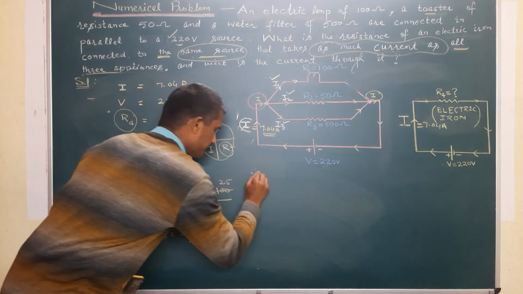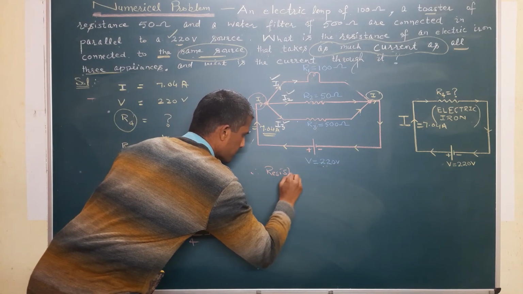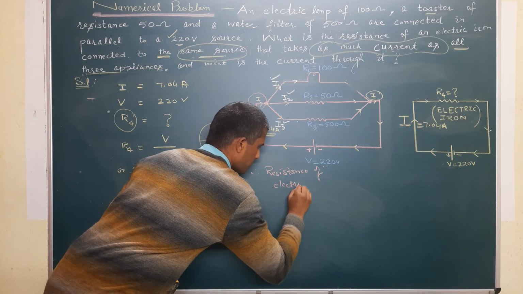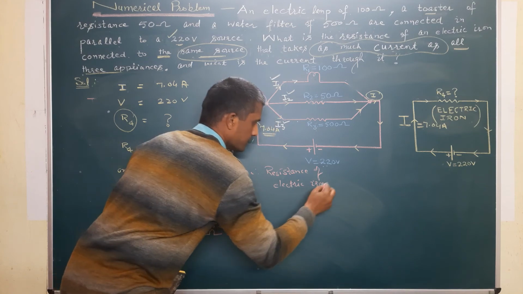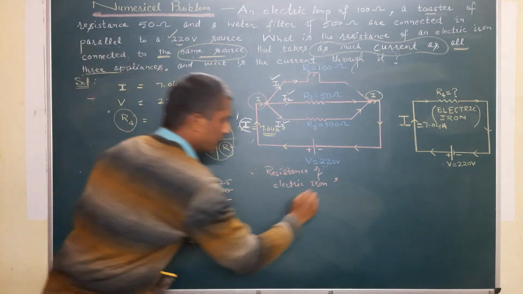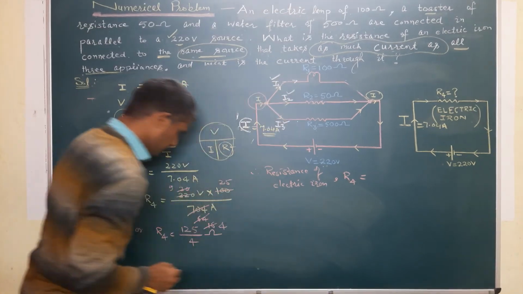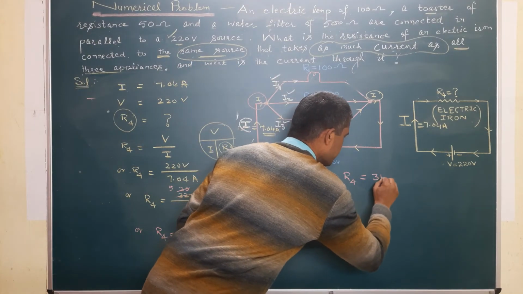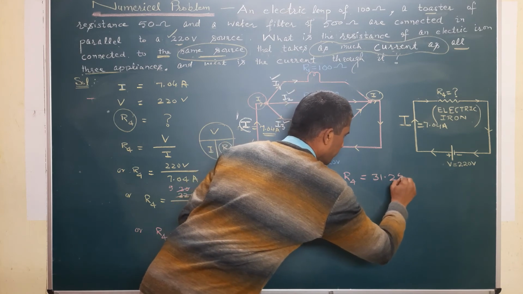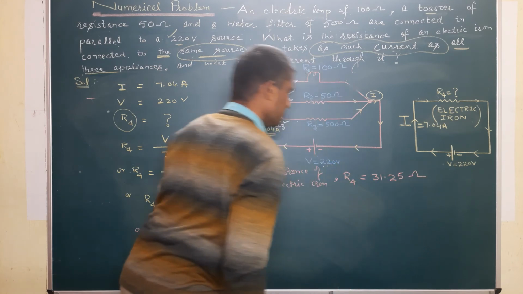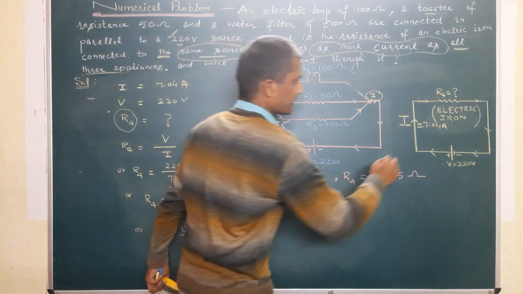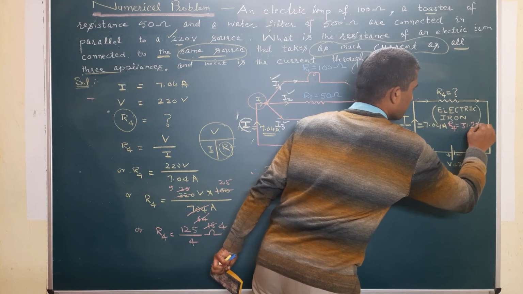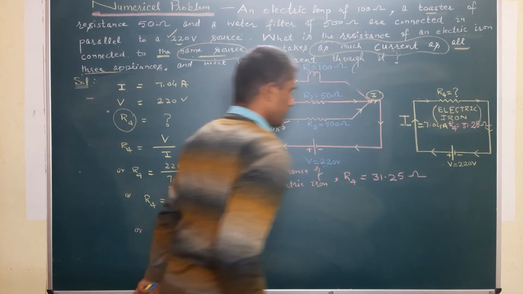Therefore the resistance of the electric iron, R4, is equal to 125 divided by 4, and it comes out to be 31.25 ohm. That is the resistance of the electric iron. R4 is equal to 31.25 ohm. That's one part.